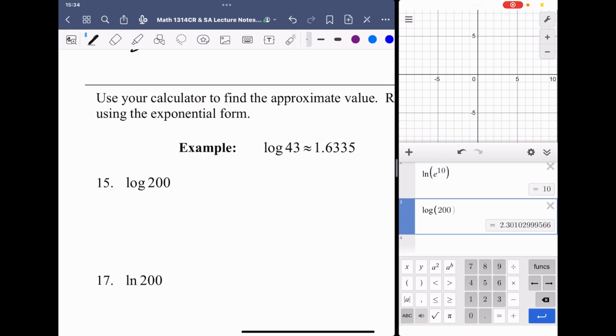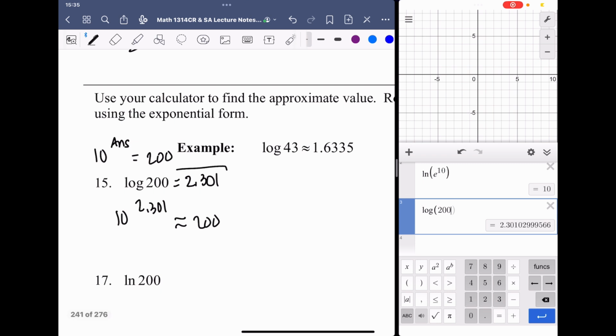Exponential form of this would be 10 raised to the answer equals approximately 200. So the answer here is 2.301. So 10 to the 2.301 is approximately 200. But it's not asking for that, it's asking for this evaluation.